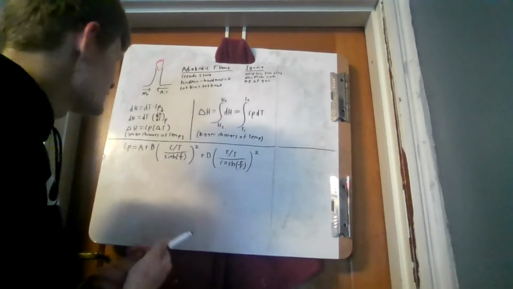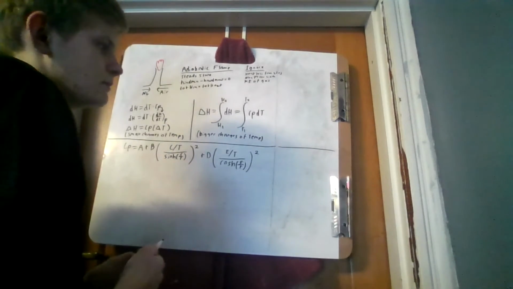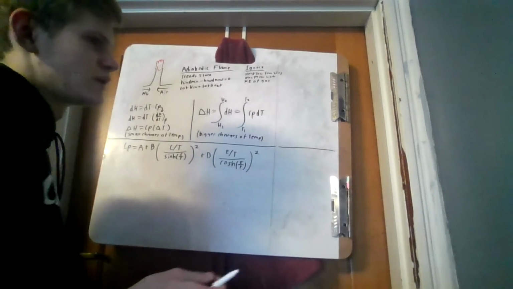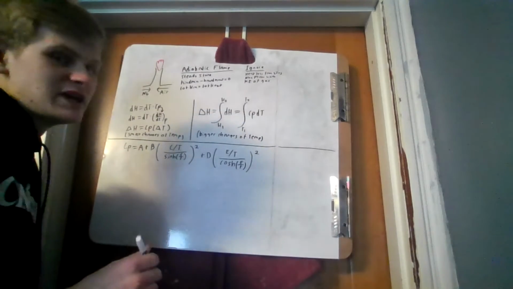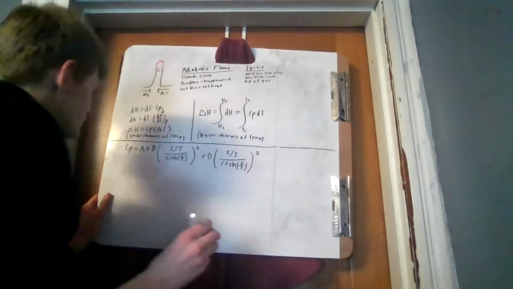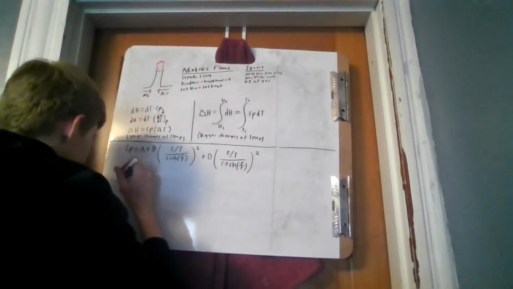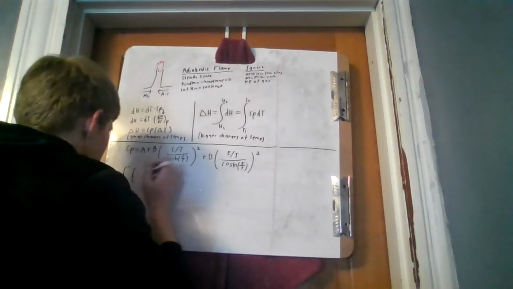However, with ChemCAD, we also can use integrating software like Wolfram Alpha, and from this we can integrate as such. So I'm going to write out our integration for this part of the function.